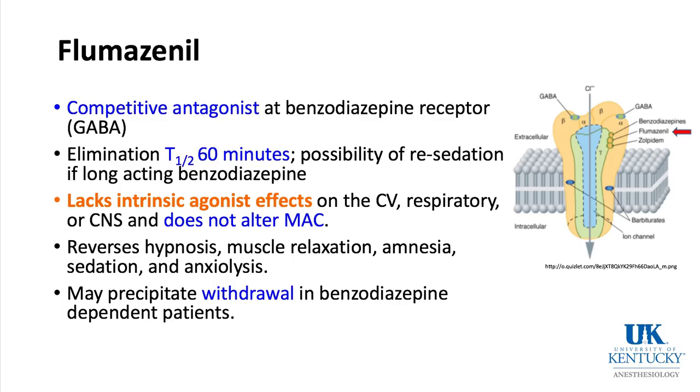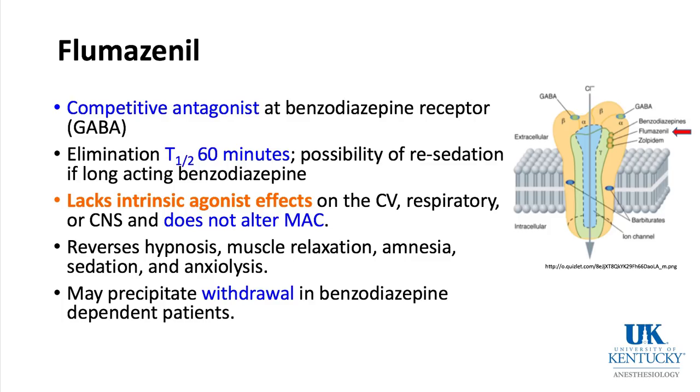And you can see on the far right where Flumazenil and benzodiazepines act in relationship to the GABA. And you can see that that GABA receptor is a chloride conductance channel. The Flumazenil, if it acts as a competitive antagonist at the benzodiazepine receptor, it's going to reverse benzodiazepine's effect.